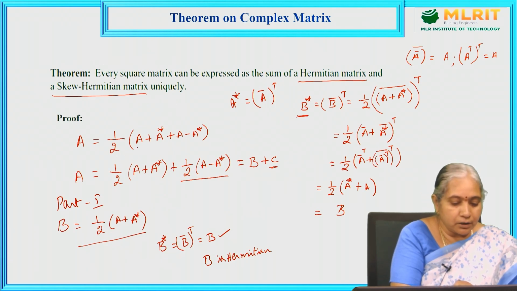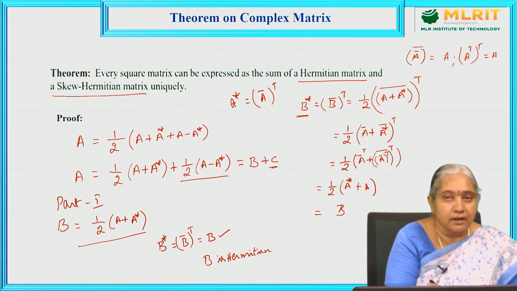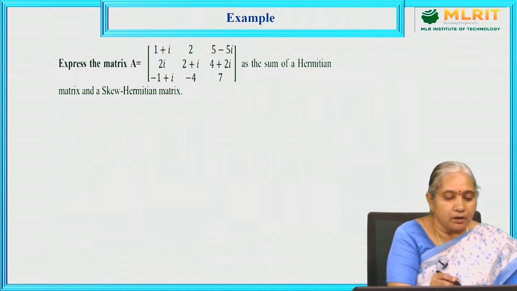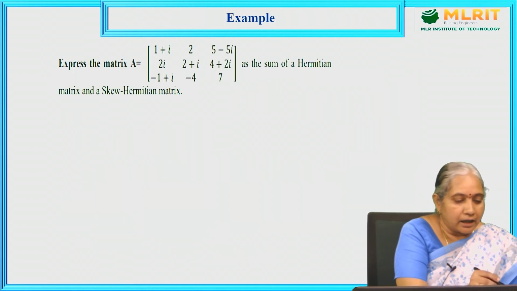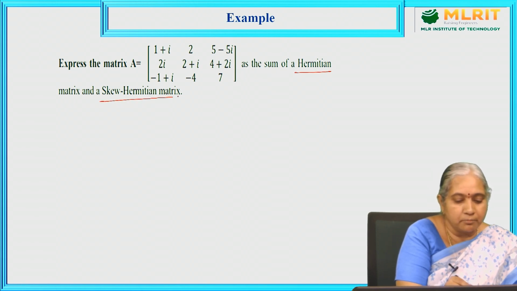1/2 into A plus A star, and 1/2 into A minus A star. Now, this is an example of the matrix A that can be uniquely expressed as the sum of a Hermitian and a skew Hermitian matrix.